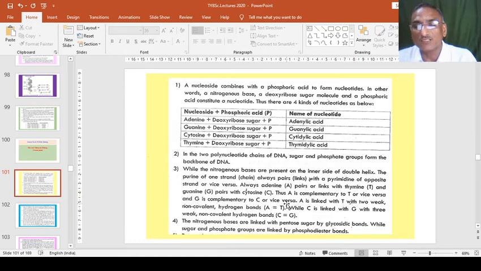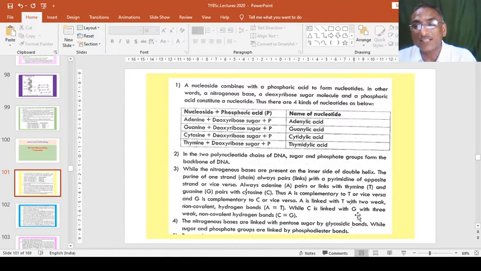C, or vice versa. A is linked with T with two weak non-covalent hydrogen bonds, that is A double bonded to T, while C is linked with G with three non-covalent hydrogen bonds, that is C triple bonded to G. Actually it should have one bond here, so these two bonds are very close, therefore they are not looking separate.